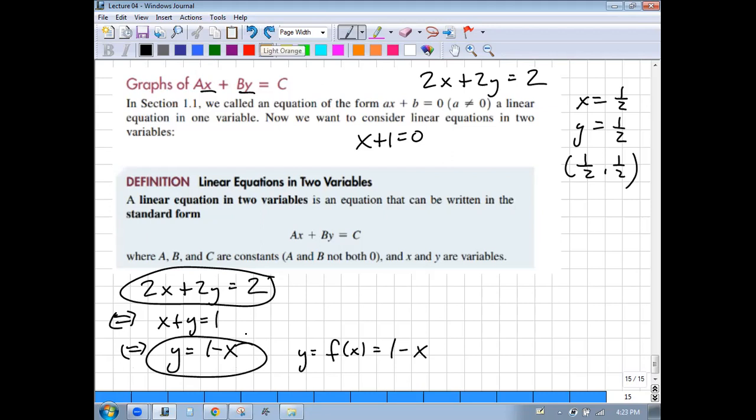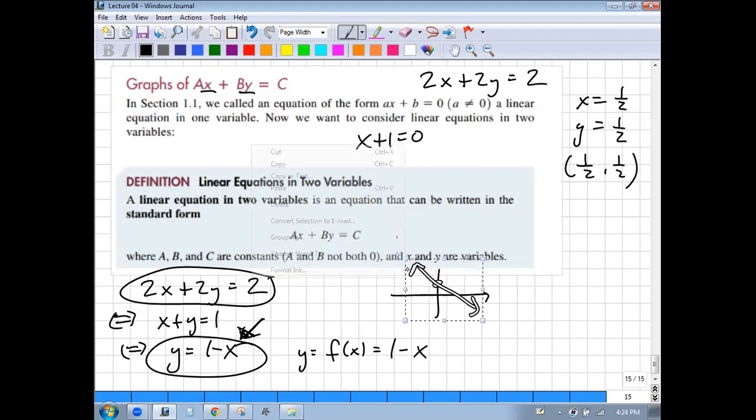So basically, since this thing has an infinite number of solutions, if I tried to graph them all, right? A solution is an ordered pair. If I took all the possible solutions to this equation and I graphed them, it would look like this. This line right here.